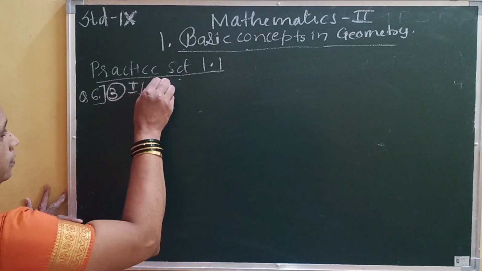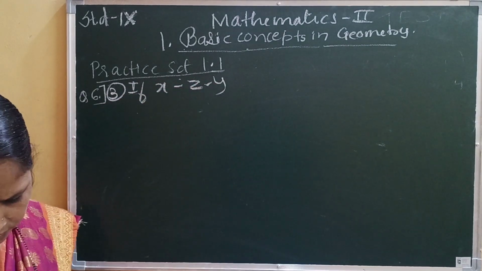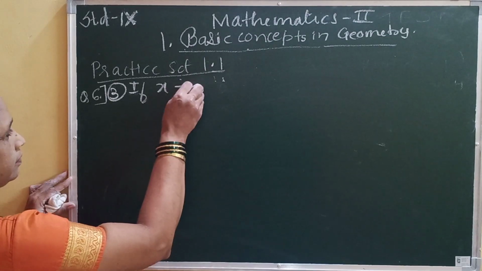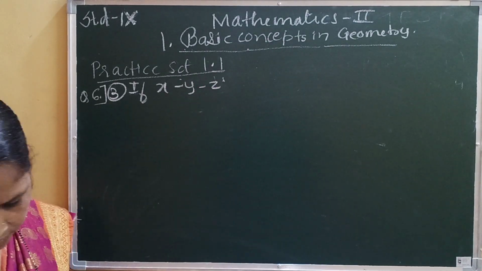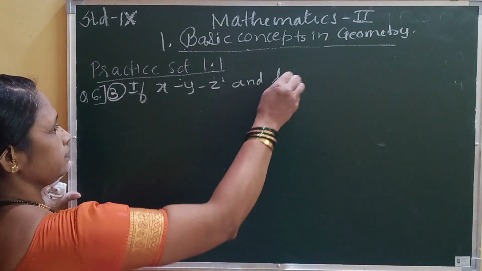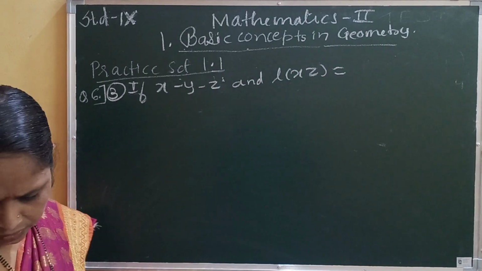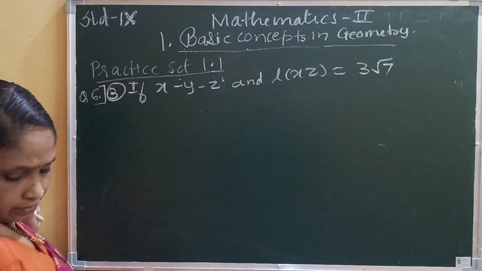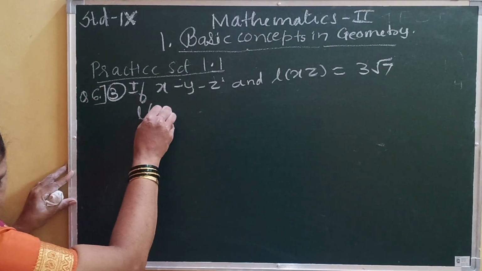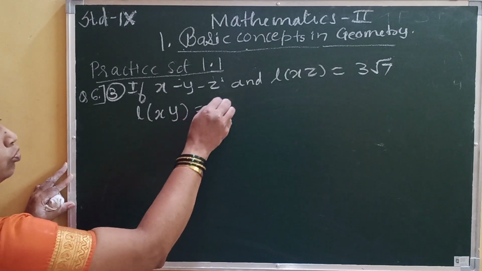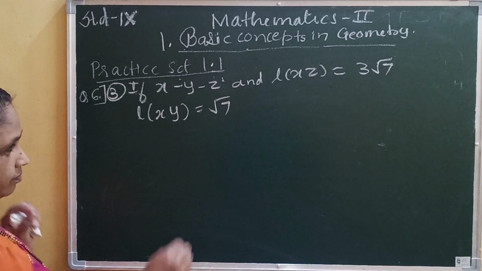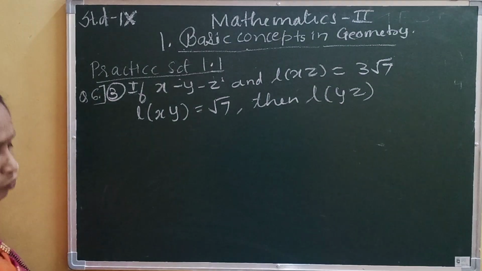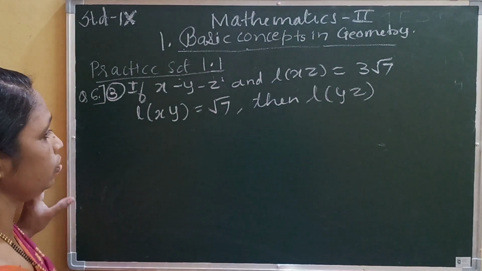If x, y, z are points, and length xz is given as 3 root 7, and length xy is given as root 7, then length yz you have to find out.